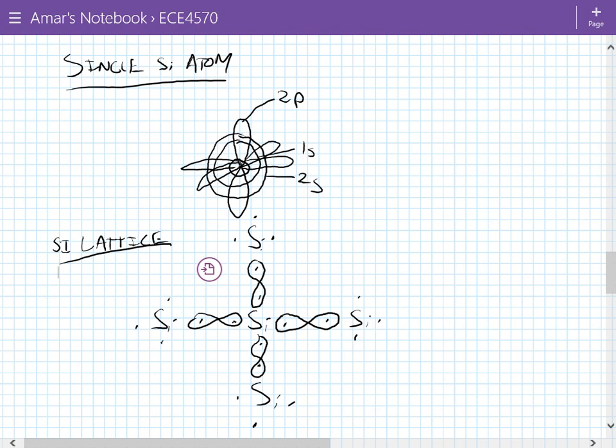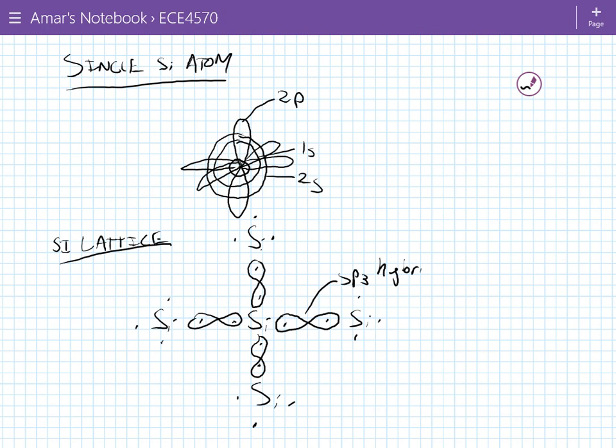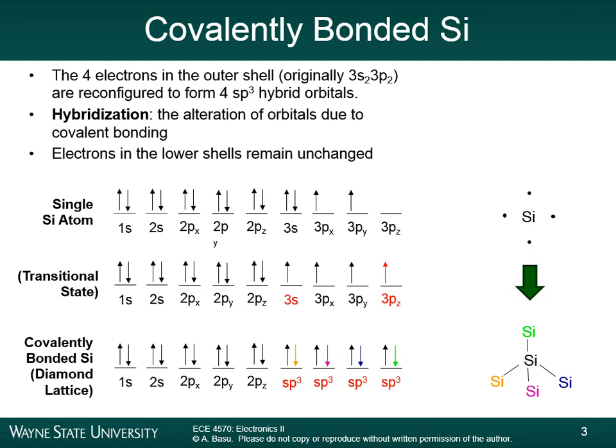This is referred to as an sp3 hybrid orbital. So that's what's basically showing here. Now where'd my mouse go? There it is.